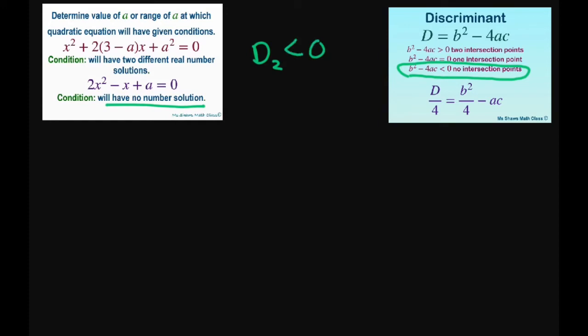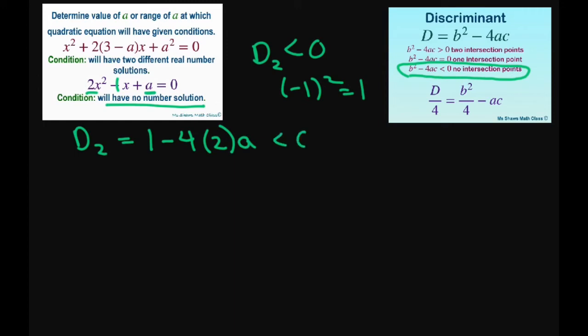So when we do this, D2 equals, now our a is negative 1, so that's just 1, because negative 1 squared is just 1, minus 4 times a, which is 2, and then our c is going to be a.